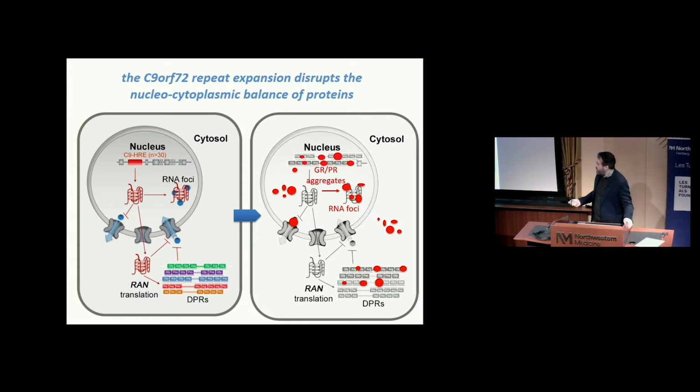So we reason that if this model is true, what should happen in C9 ALS systems is an imbalance between the nuclear and the cytosolic proteome relative to what happens in control cells.